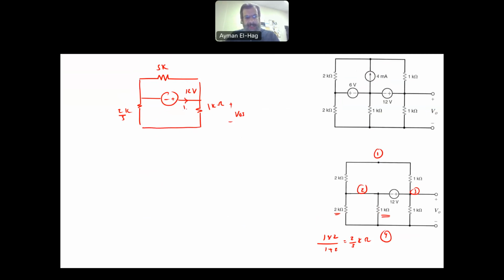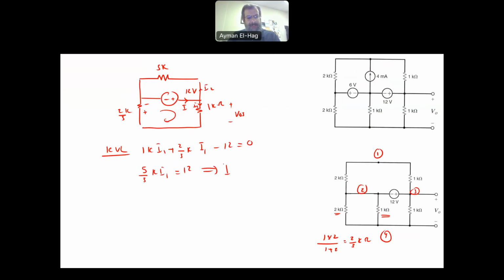Again, a current I here splits into I1 and I2. I'm only interested in I1. So apply KVL again to this loop. We will have 1K I1 plus 2 over 3K I1 minus 12 equal to 0. So we will have 5 over 3K I1 equal to 12.